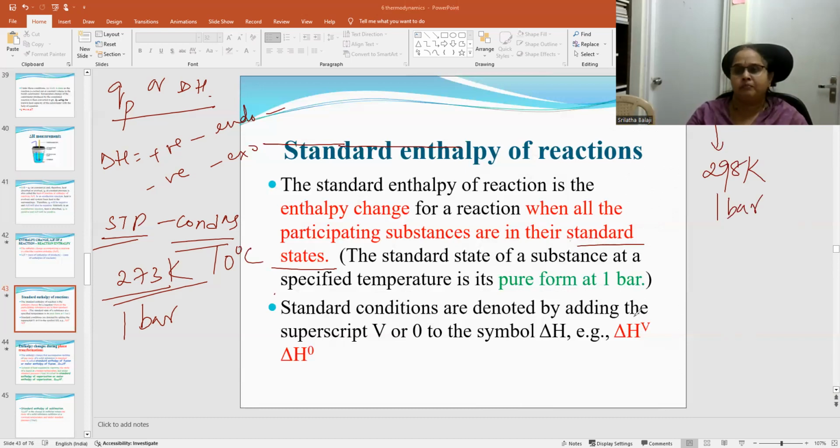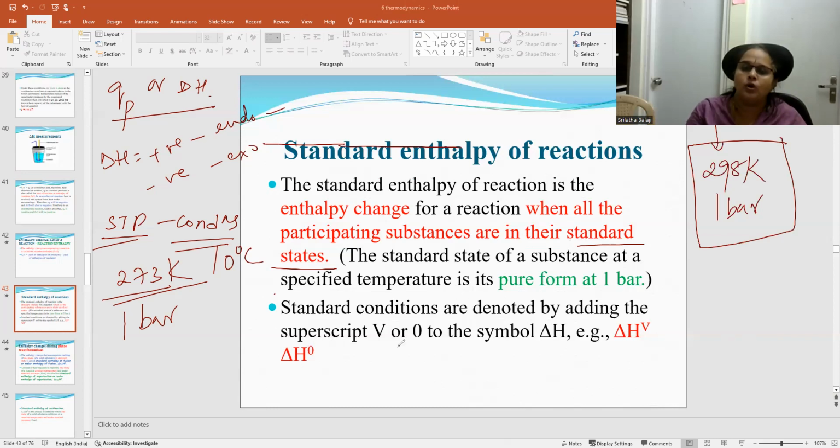The pressure remains the same. Got it? That will remain the same, but temperature variation is there. So whenever we refer to standard state, this is the condition. And when you say STP, it's 0 degrees Celsius you have to take. Otherwise, the pressure is the same.